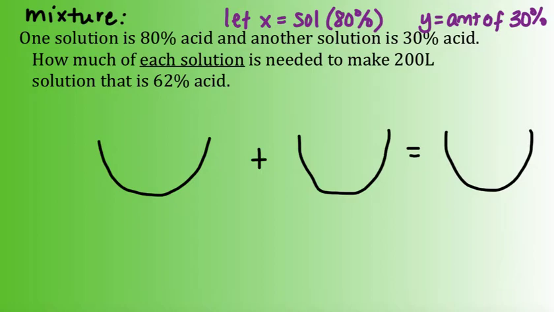Now we still relate one to the total amount we have and one to the value, but I put them in a specific location. So I put the amount on the bottom. So I know there's 200 liters of the solution. So that my first equation would be x plus y equals 200. Now this is the tricky part.